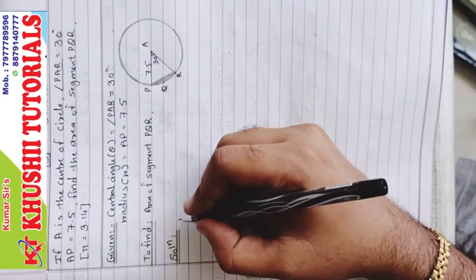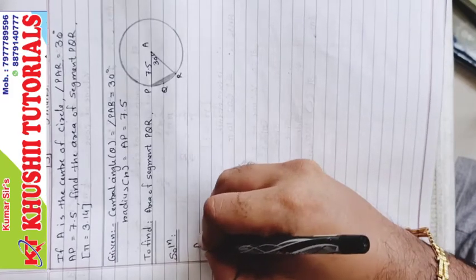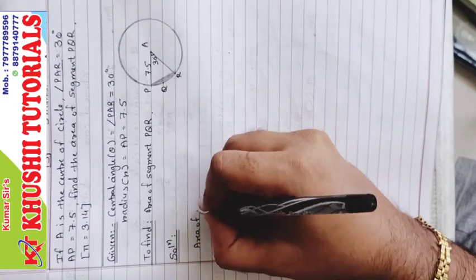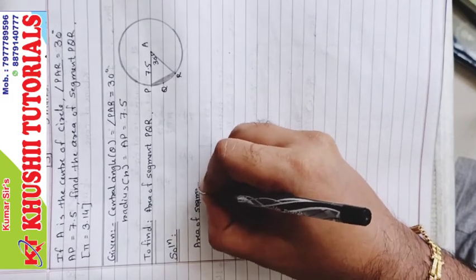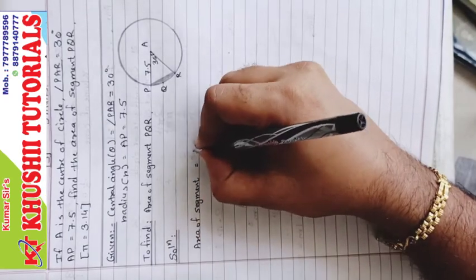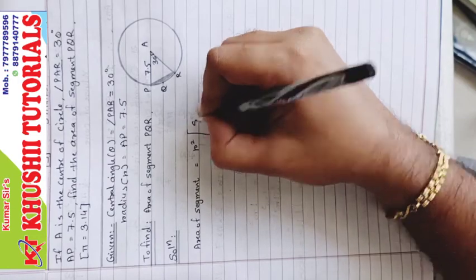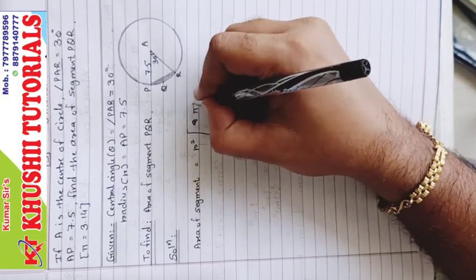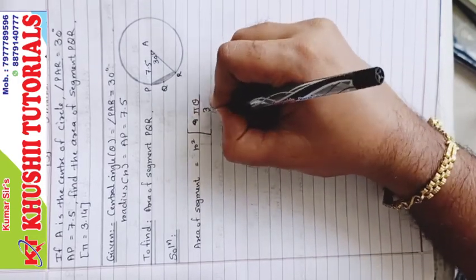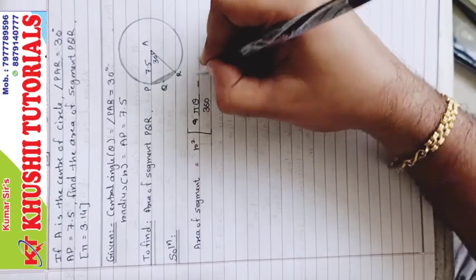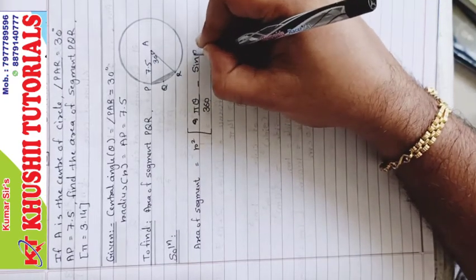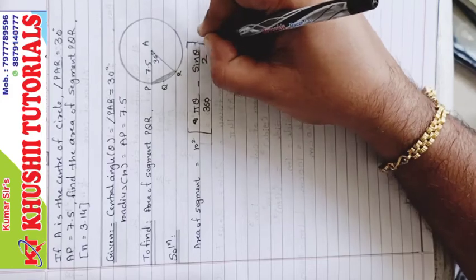Now area of segment formula. Area of segment, the direct formula is r square under bracket pi theta upon 360 minus sine theta upon 2.